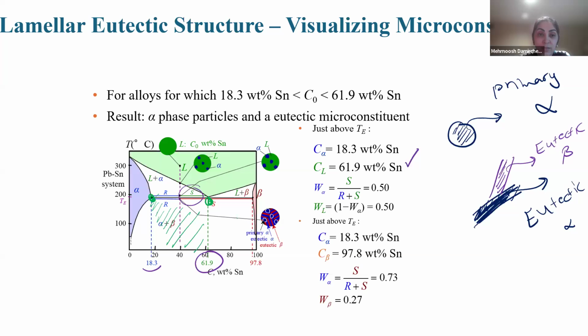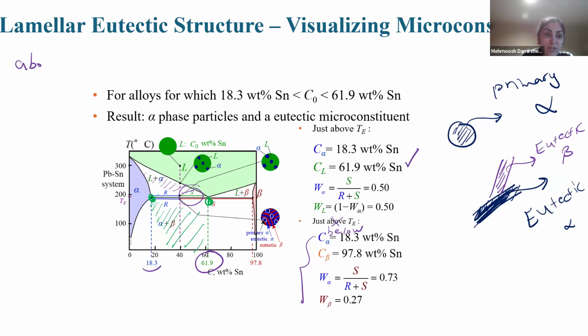And if you continue that, C beta should be 97.8% Sn, and W alpha equals S over R plus S, 73%, and beta, just below, sorry, TE. So above TE, we have L plus alpha, means this region, yeah? So C alpha is 18.3, C liquid is 61.9, W alpha is S over R plus S, 50%, and liquid is 50%. What's the meaning of that?